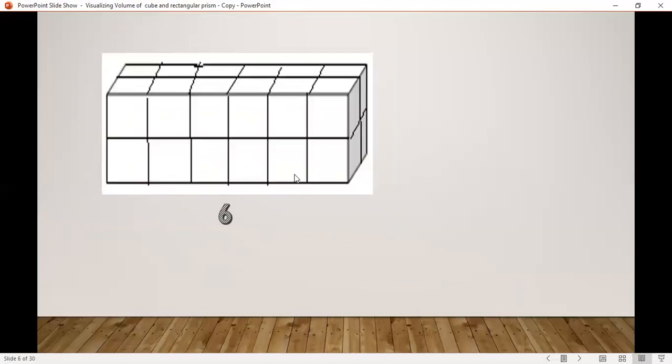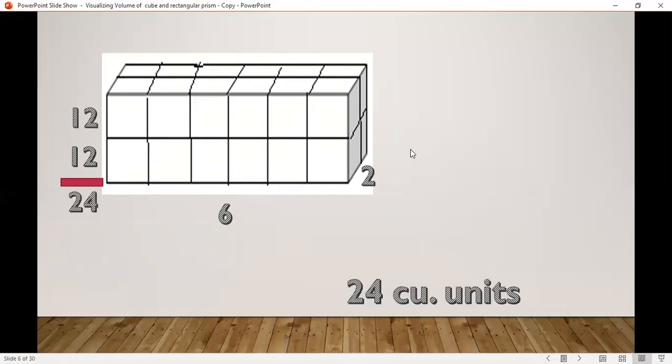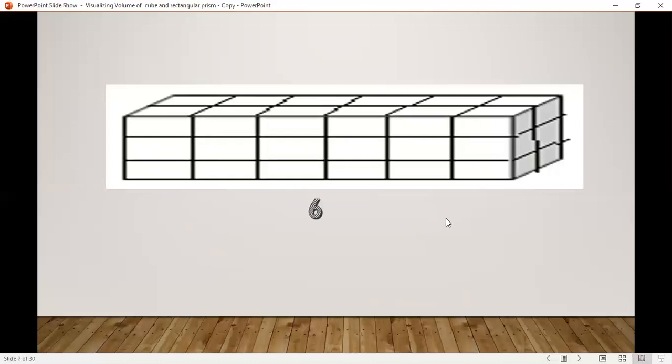Length 6, width 2. Each layer have 12 cubic units. 12 plus 12 equal to 24 cubic units. Length 6, width 2.